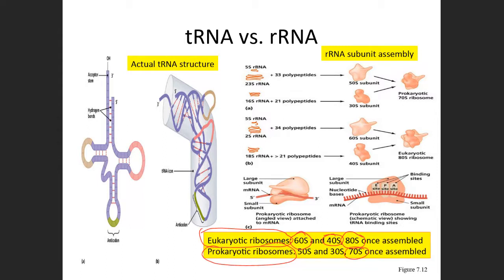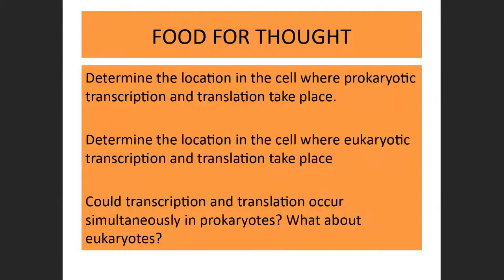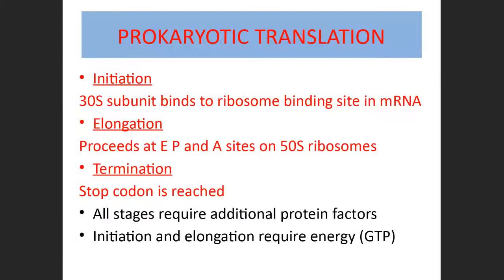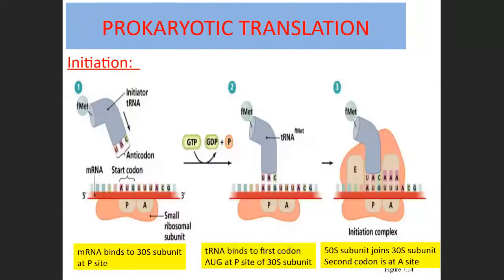So here you have the 50S subunit and the 30S subunit coming together to make the 70S ribosome. It is within those subunits that the messenger RNA is going to be inserted. Translation begins, it elongates, and then it terminates when it reaches a stop codon.